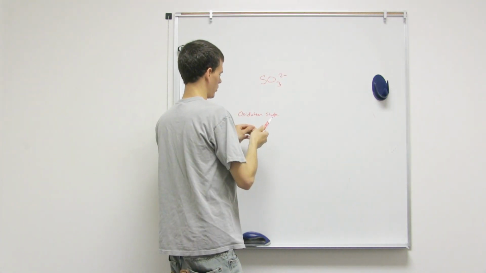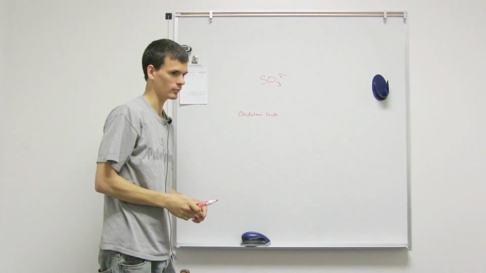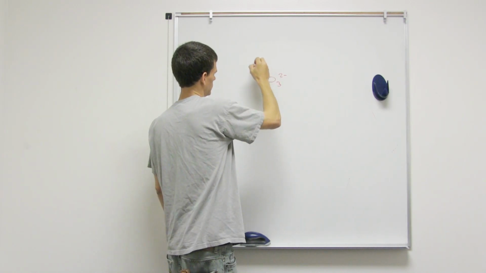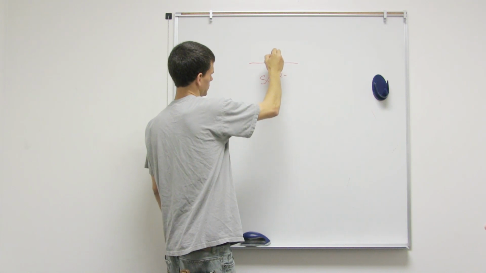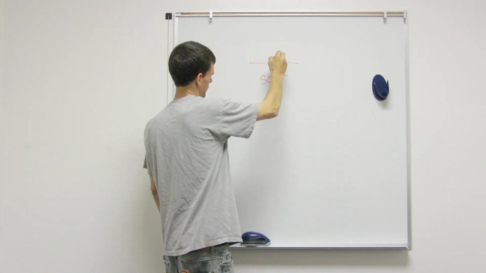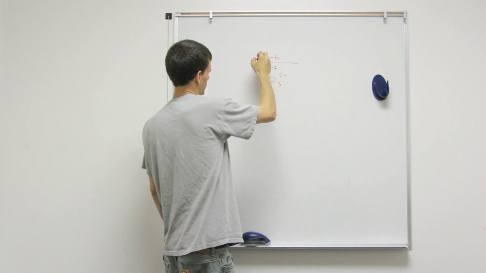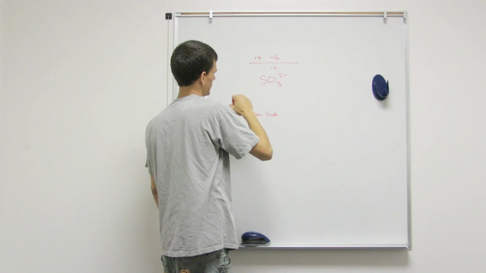So the overall charge when we add them all up will be -2, the sum of the charges. We have 3 oxygens at -2 each, so that's -6, which means we need a +4. So S is a +4.